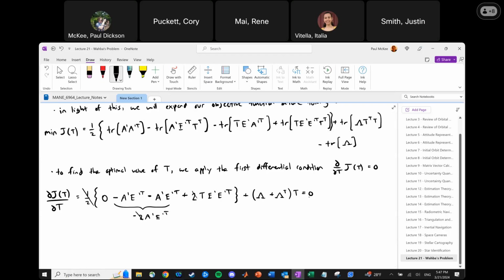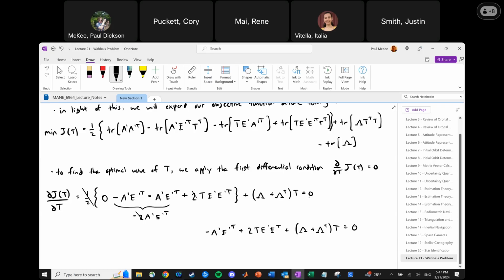So if we choose to simplify this a little bit, we get negative A prime E prime transpose plus 2T E prime transpose plus lambda transpose T is equal to 0.